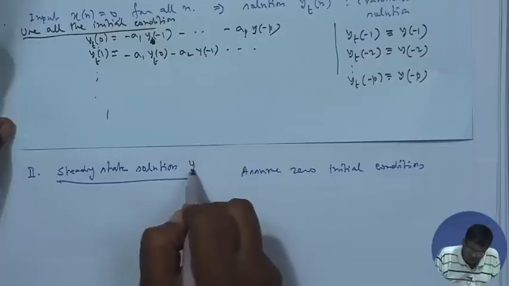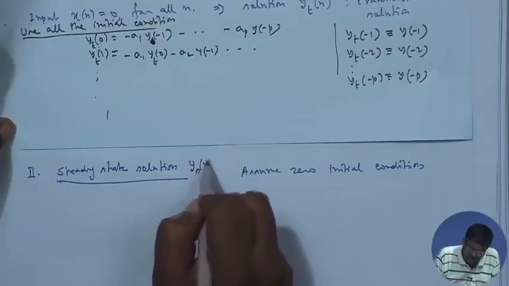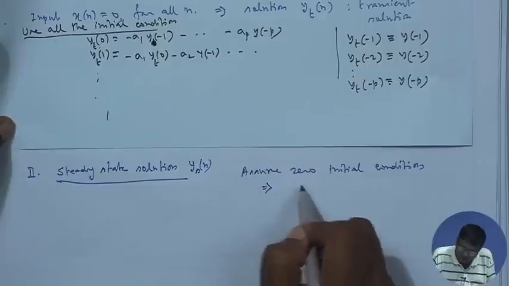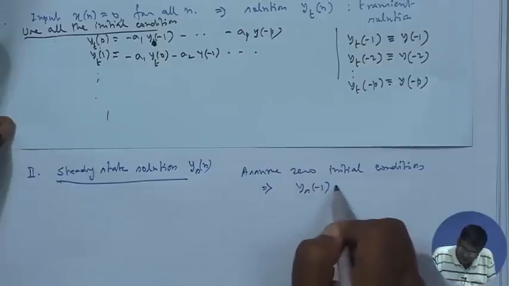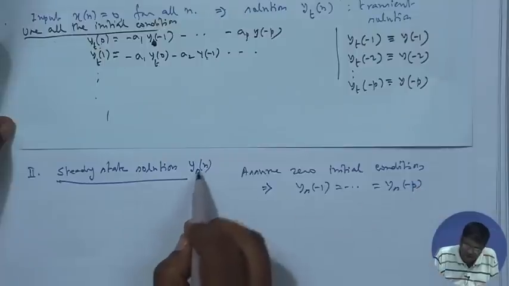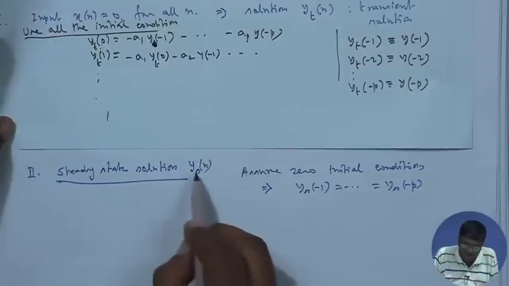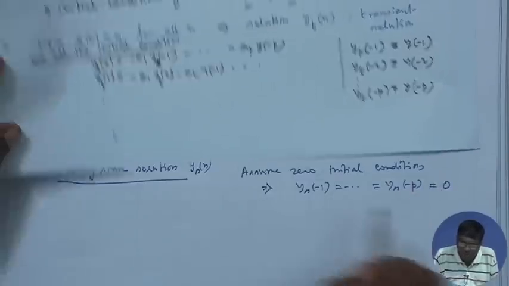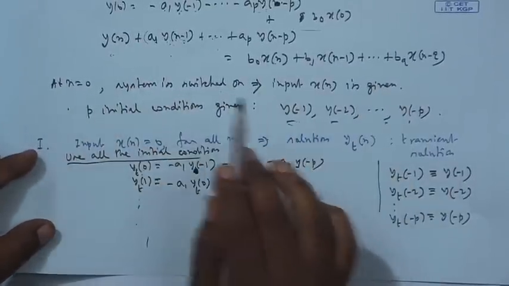This solution I call y s n, s for steady state. So, here I assume 0 initial conditions, I mean I assume y s minus 1, dot dot dot, y s minus p, that is this solution at minus 1, minus 2, minus p, they are all equal to 0, and putting them I solve this equation.